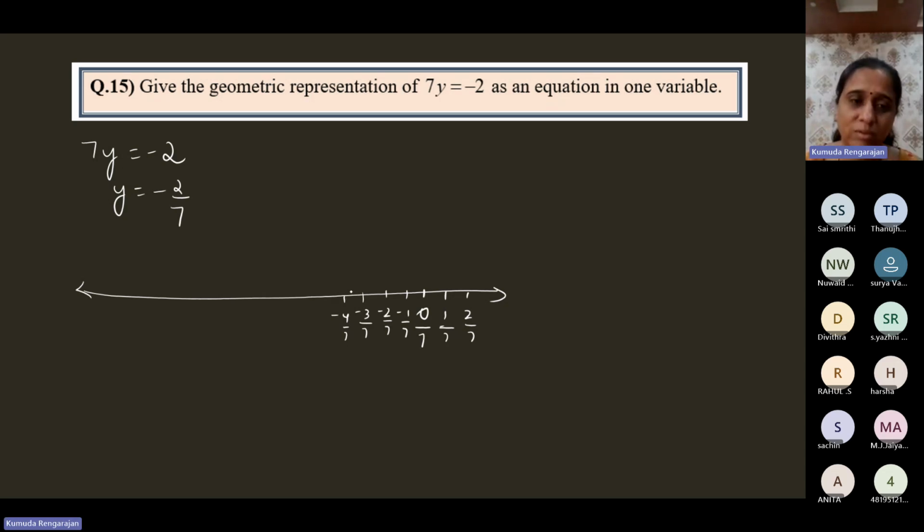Minus 7 by 7 is minus 1. So just mark this and say y is equal to minus 2 by 7. The geometric representation is a point on the number line. A linear equation in one variable, point on the number line. Linear equation in two variables x and y, straight line in the Cartesian plane.